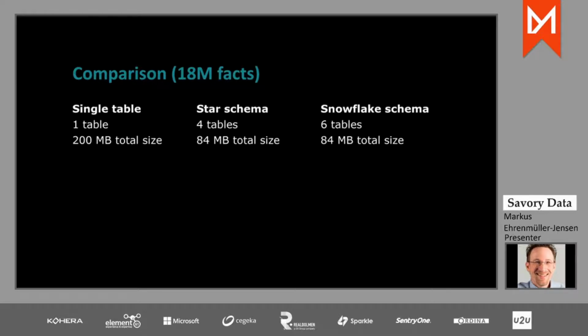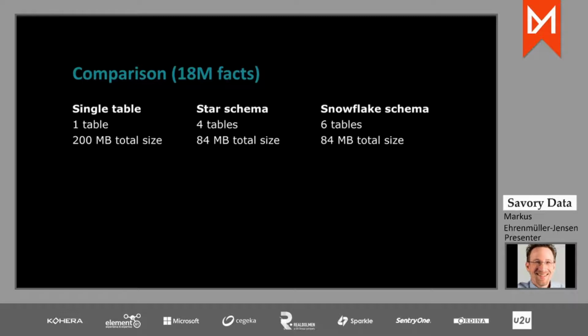The size was a kind of surprise for me when I tried this. I mean, this is a small example, 80 million rows in the fact table, and it's the very same data. So it's the same data, only modeled differently. If I put everything into the single table approach, even with the VertiPaq engine, I don't know if you heard about that, but Power BI is compressing everything really, really well.